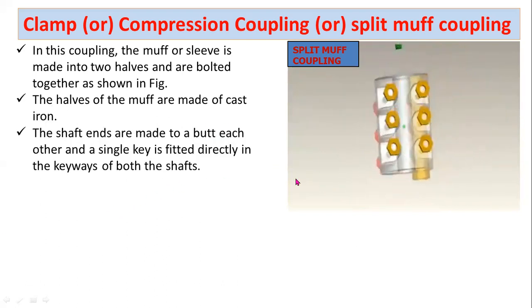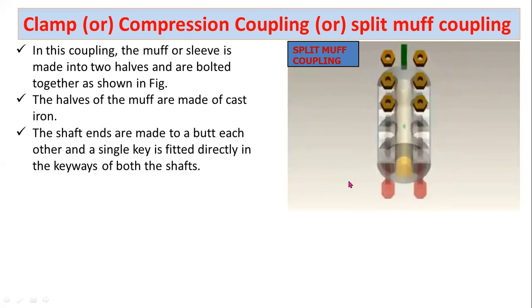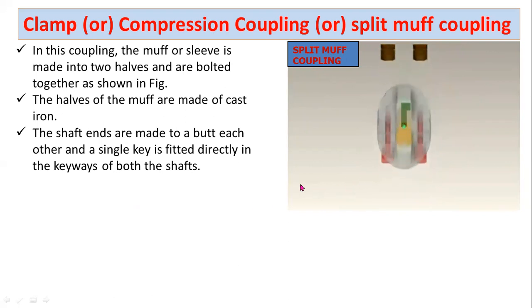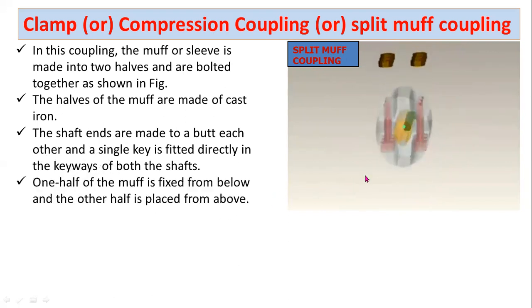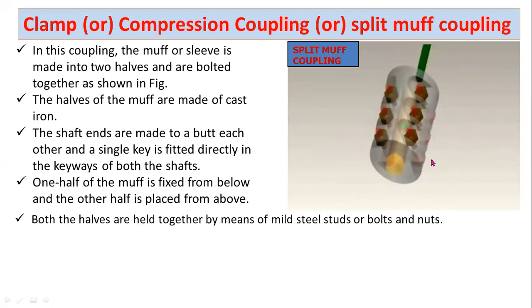The shaft ends are made to butt each other, and a single key is fitted directly in the keyways of both the shafts. One half of the muff is fixed from below, and other half is placed from above. Both the halves are held together by means of mild steel studs or bolts and nuts.